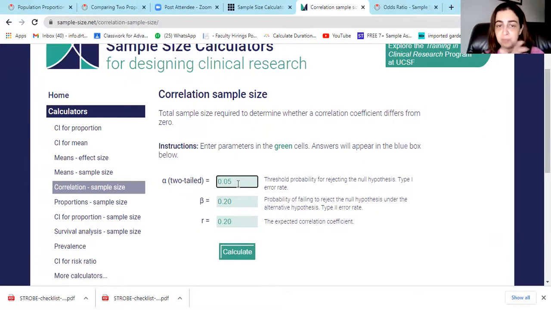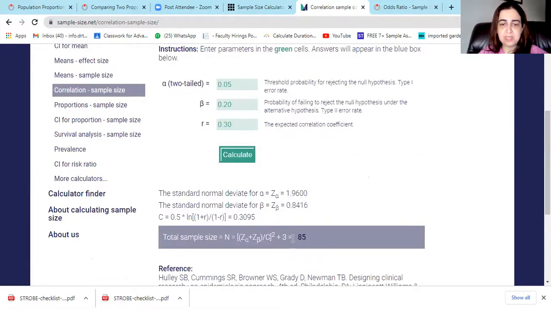Alpha will be the same, 0.05. Beta should be the same, 0.20 if you need the power of 80. If you need the power of 90, then this will become 0.10. Correlation coefficient, if it's small, suppose it is 0.30, and we calculate, you will see a sample size of 85 is required.